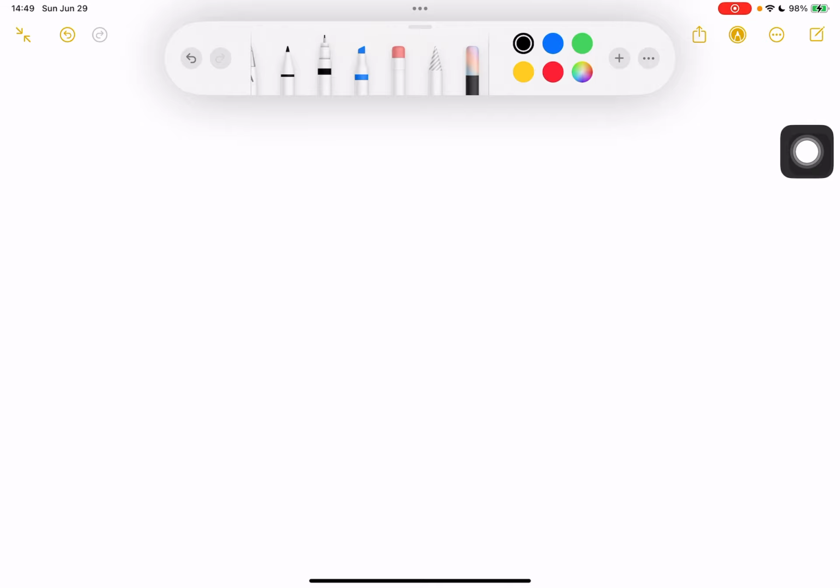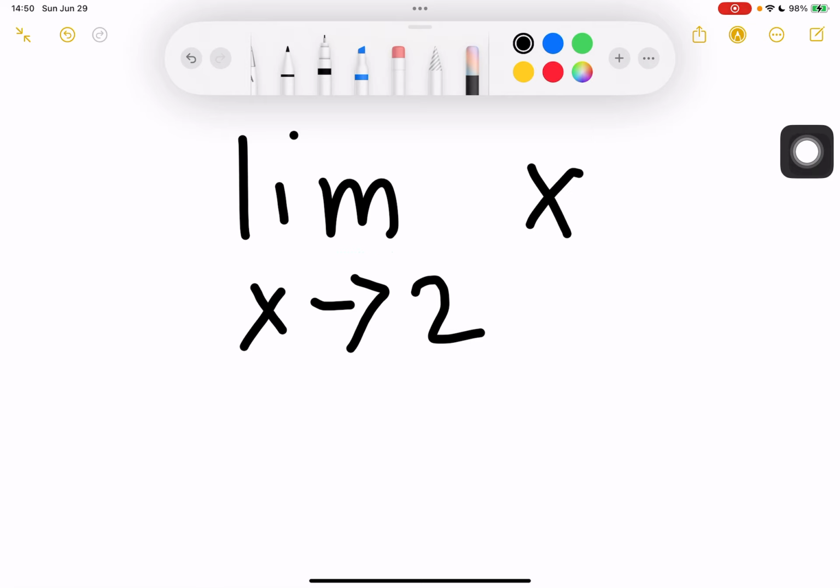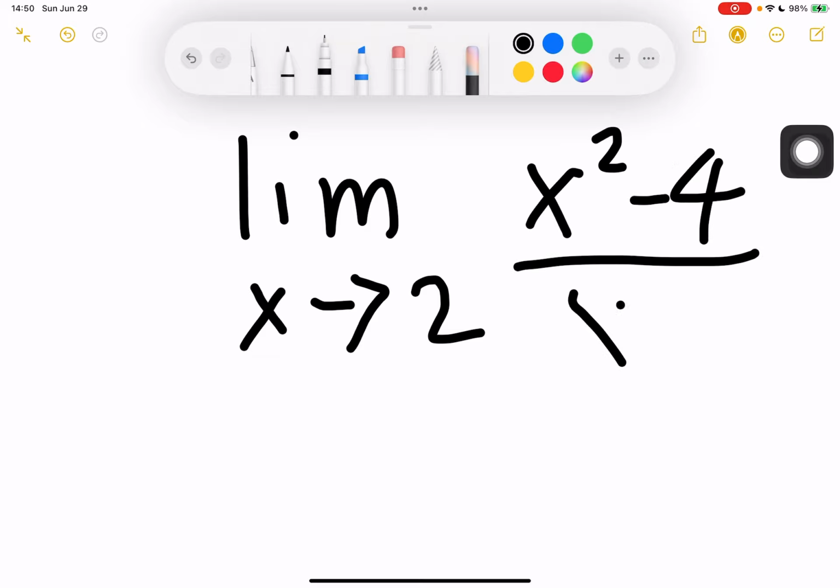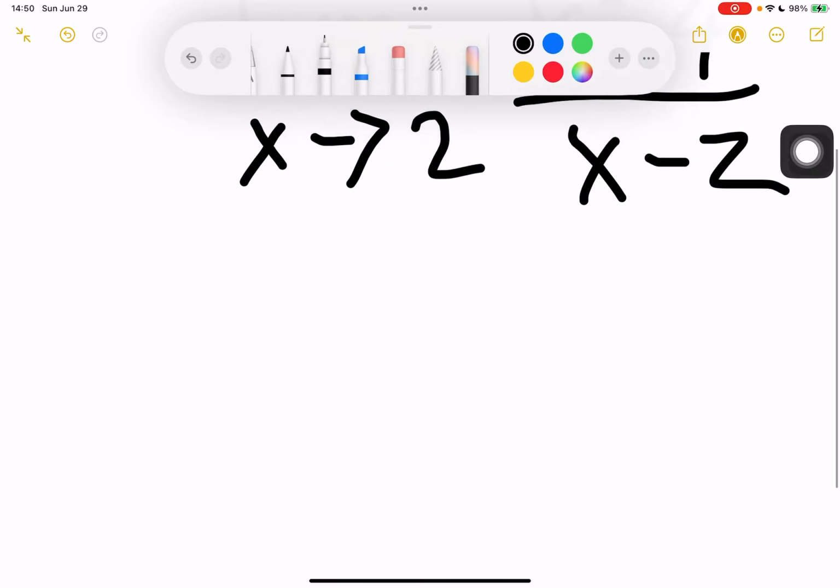Let's learn limits too. So, suppose you have the limit of x approaching 2 of (x squared minus 4) over (x minus 2). Here's a simple hack.